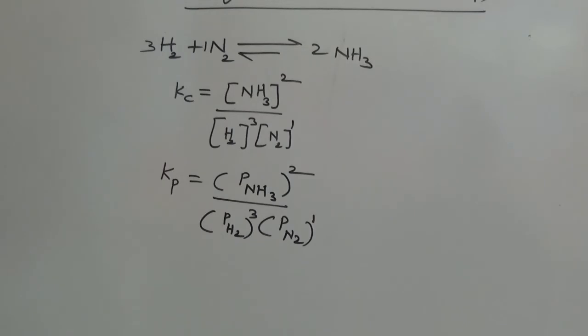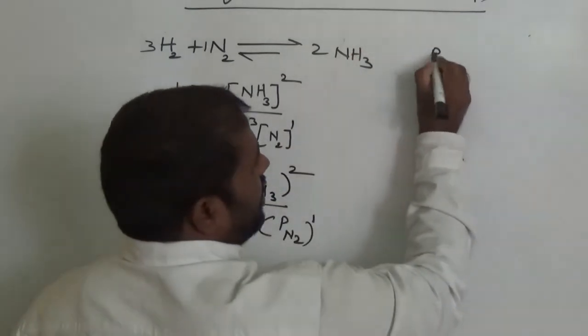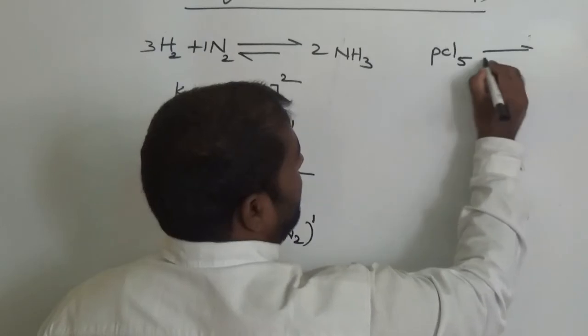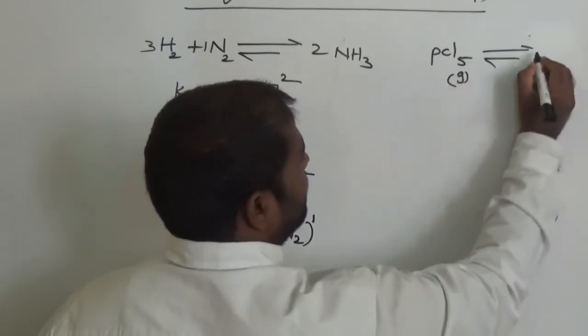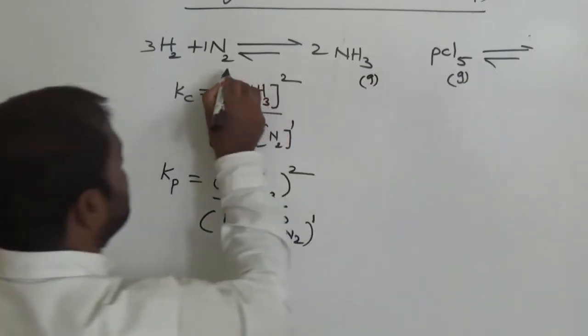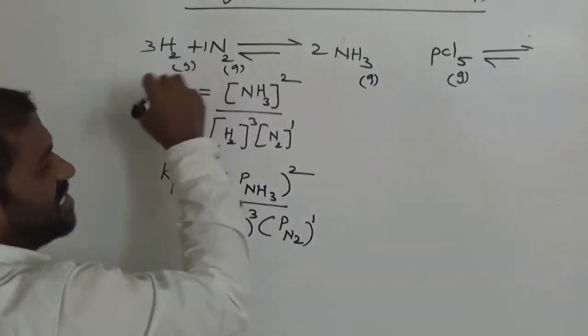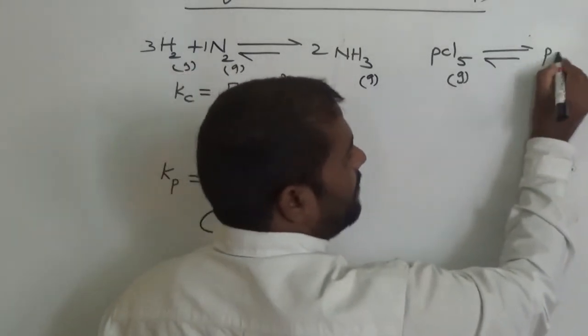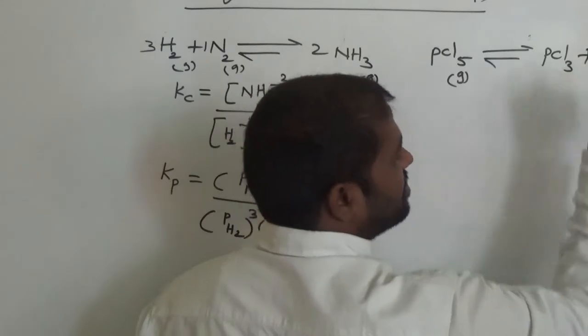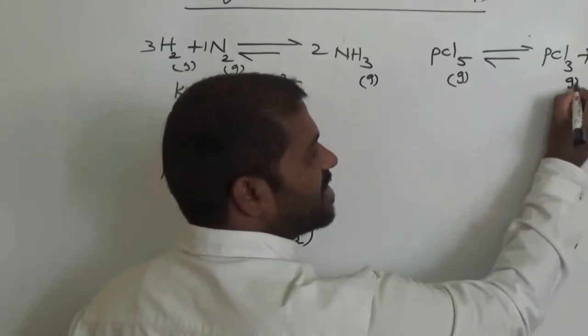Everyone? For this one, another example: PCl5 reversible. This one is a gas, and this one is also a gaseous equation: PCl3 plus Cl2. Both are gases.